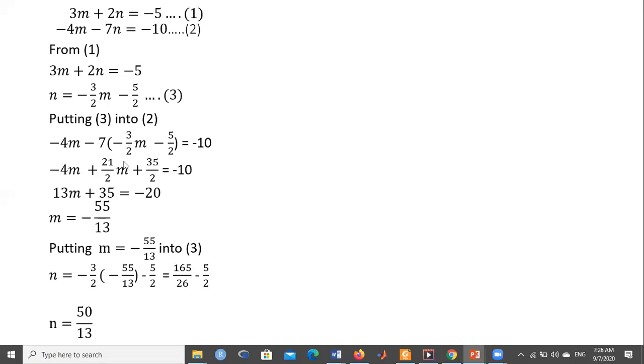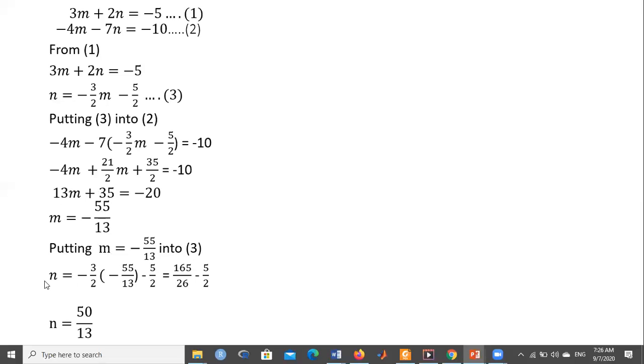By sending 35 to this side and dividing by 13, we have m equal to negative 55 over 13. So now you know m. You can go ahead and put m equal to negative 55 over 13 into equation 3 or any one of the equations.